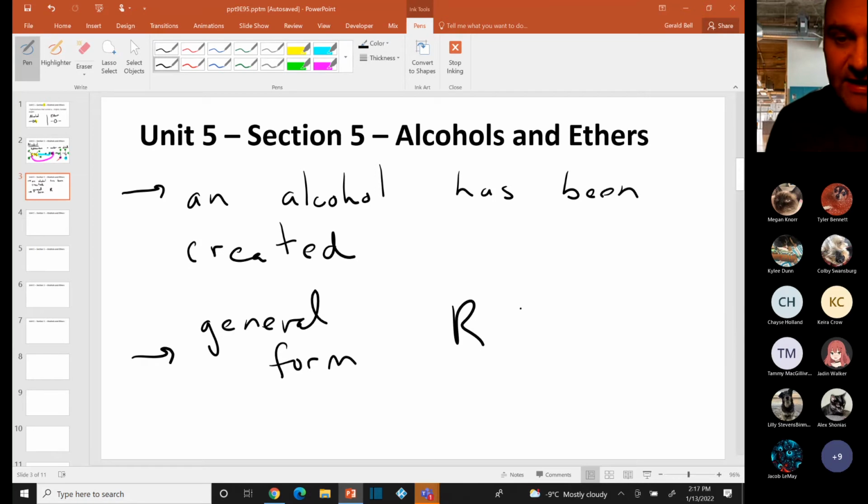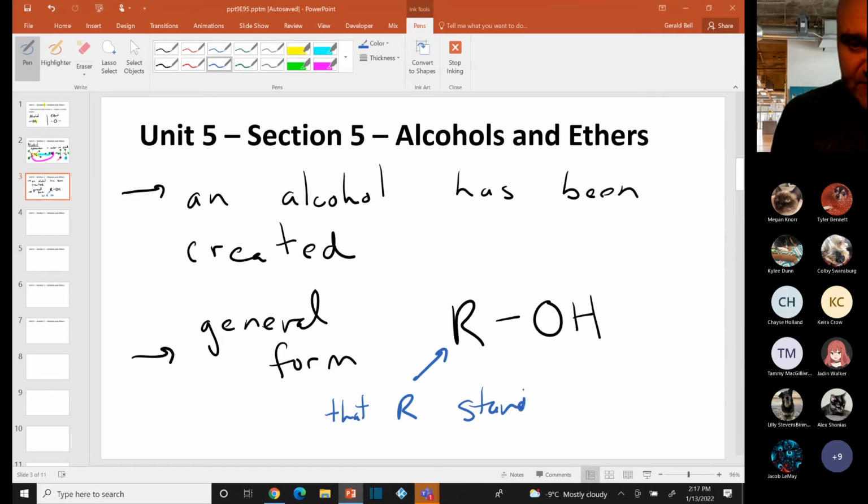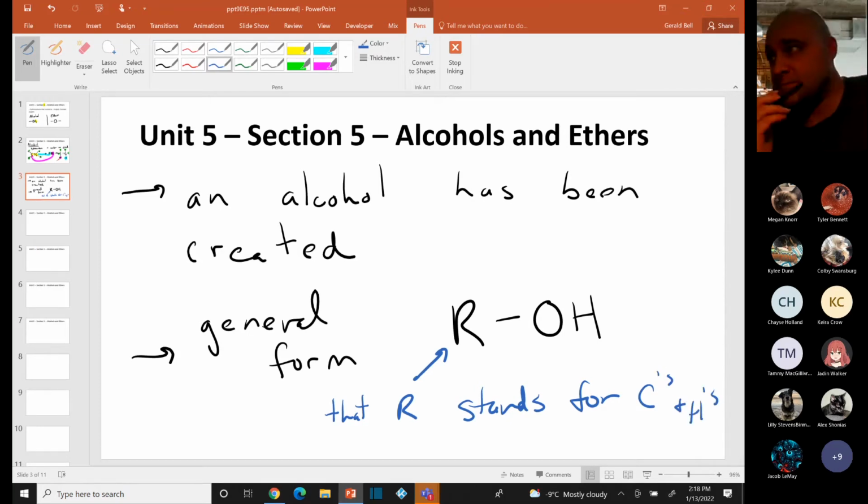You can take a few carbons, and as long as you bond it to an OH somewhere, that is what an alcohol is. That R stands for carbons and hydrogens. And it could be any length.